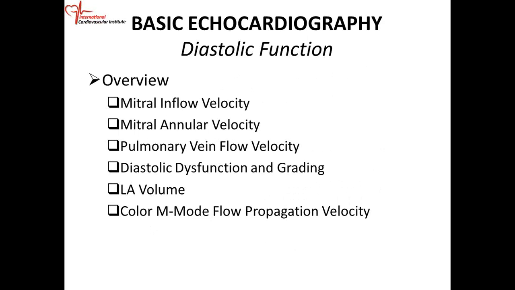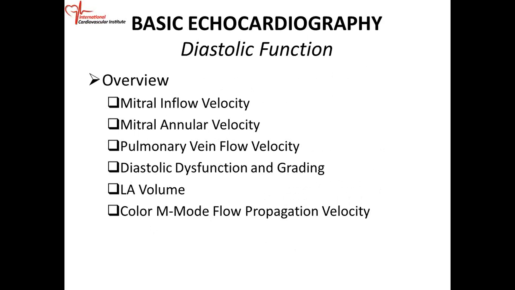The rationale here is that, in health, if you look at the mitral annular plane in a normal young healthy individual, in systole it moves up, and in diastole it moves down. It's constantly moving up and down, up and down, up and down.